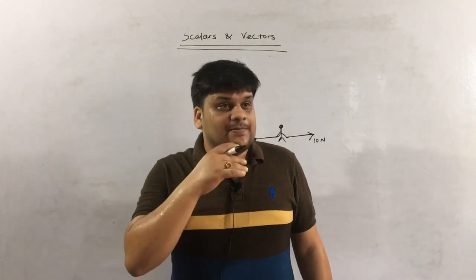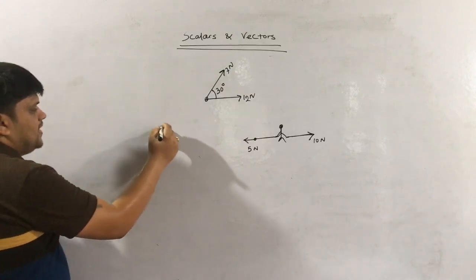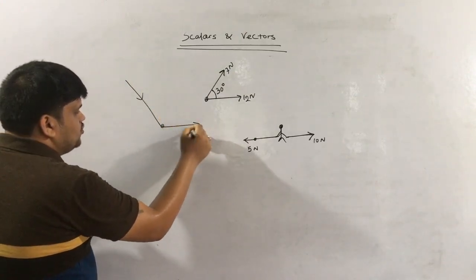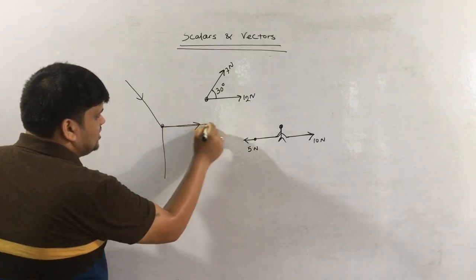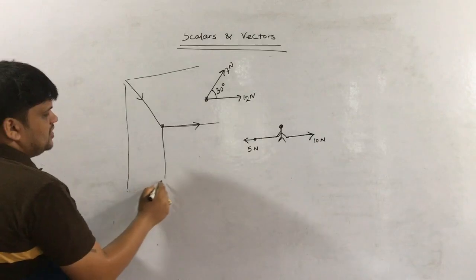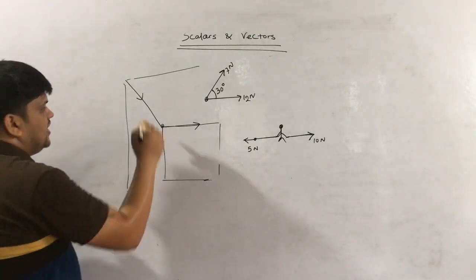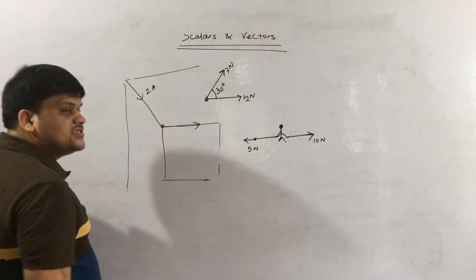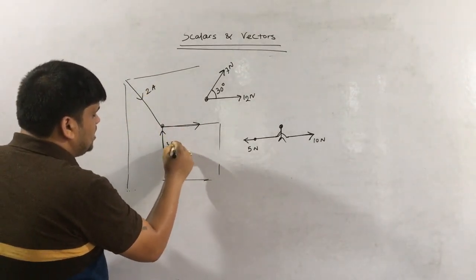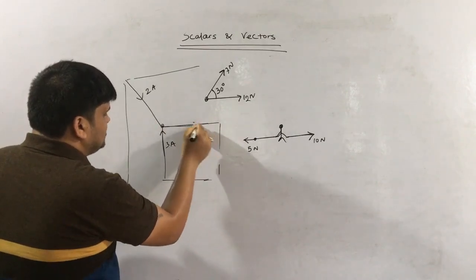But in case of current, what happens? Let me show you. In case of current, let there be a junction, or some wires like this, and currents are flowing. Let 2 ampere current be coming from here, 3 ampere current coming along this direction, and 7 ampere current coming from this direction.